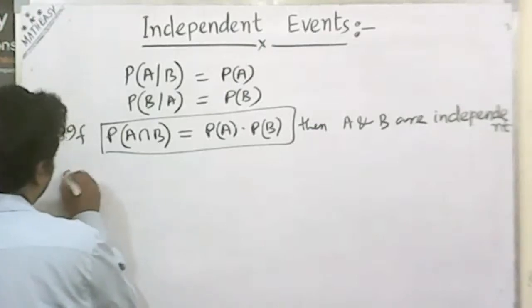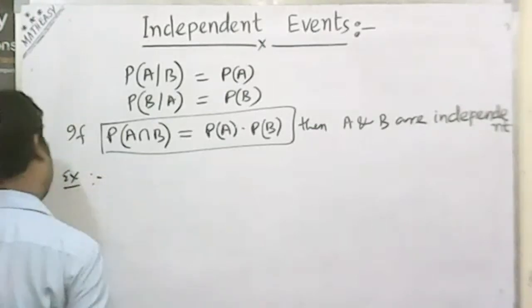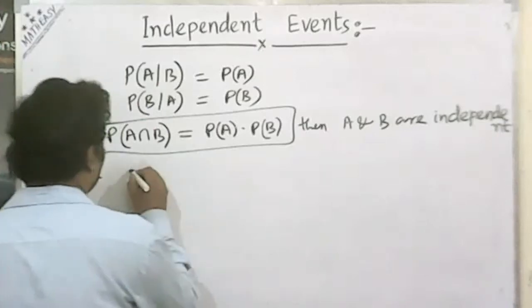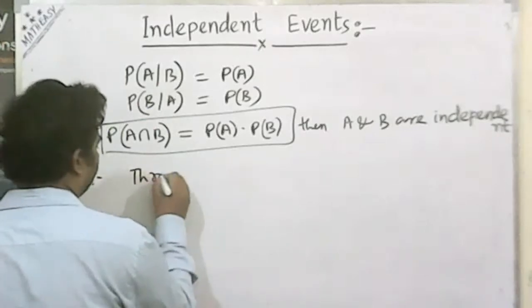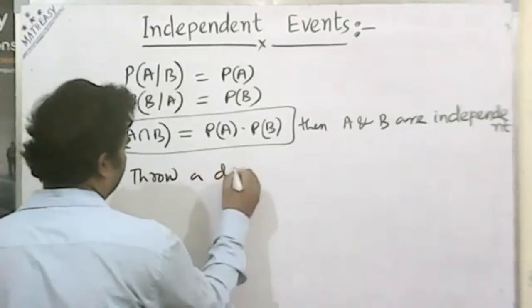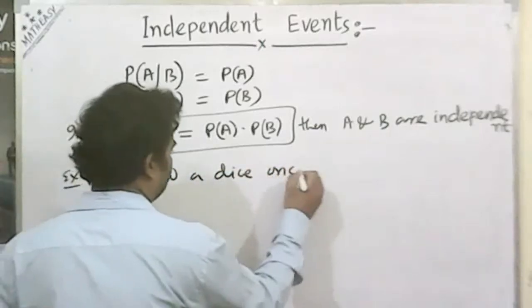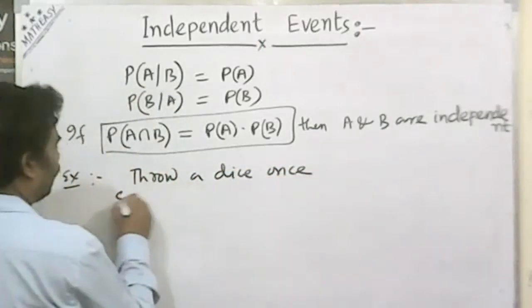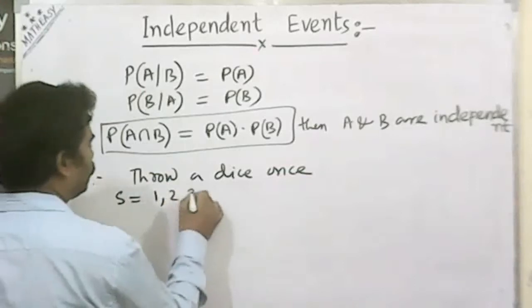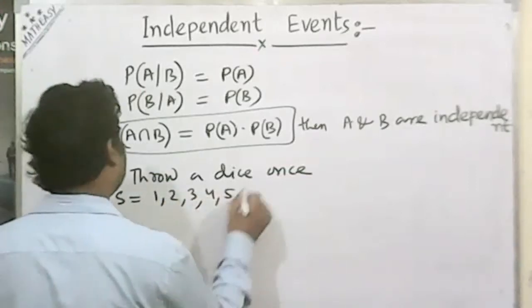Now here, one example. Throw a die once. Then what is the sample space? 1, 2, 3, 4, 5, 6.